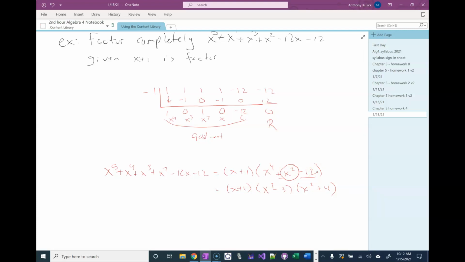Then I'd have to check the x squared minus 3 and the x squared plus 4 to see if those can factor further. Neither one of them is a difference of two squares, right? The first one, 3 isn't a perfect square. The second one is an addition problem, not a subtraction problem. Neither of them are a sum or difference of two cubes because the exponent isn't divisible by 3. So that's as good as we could do on that one.